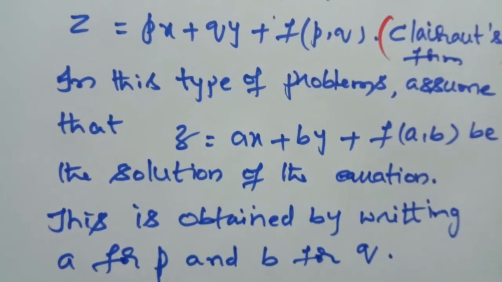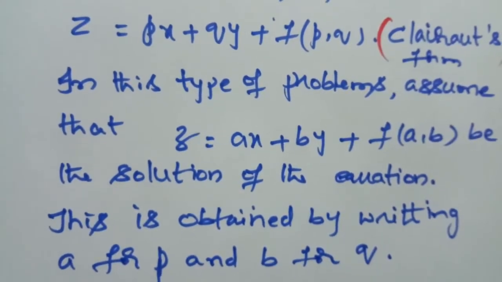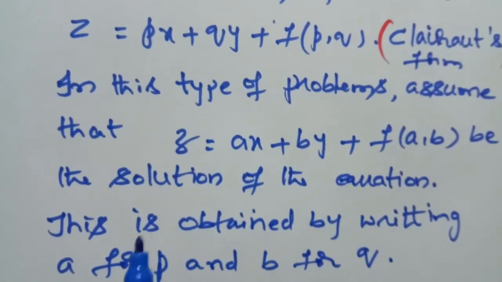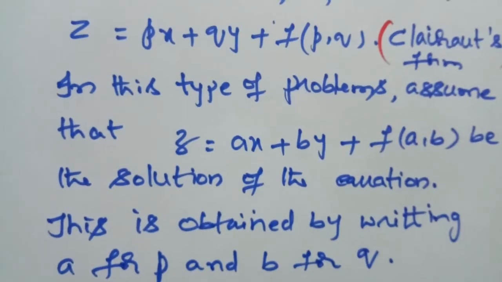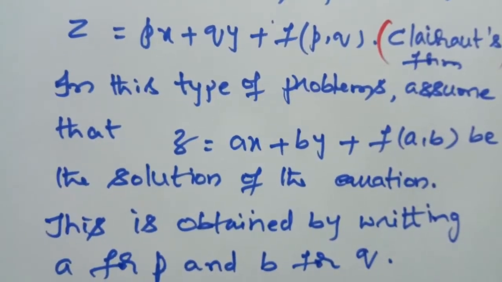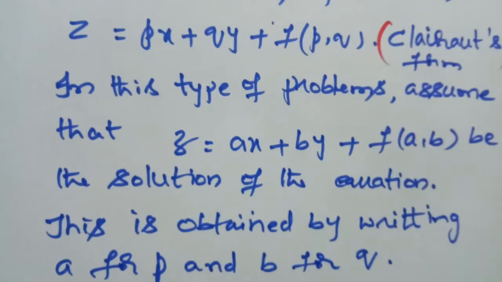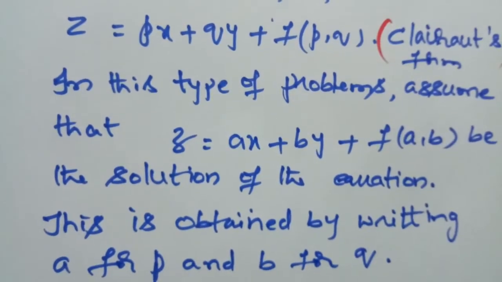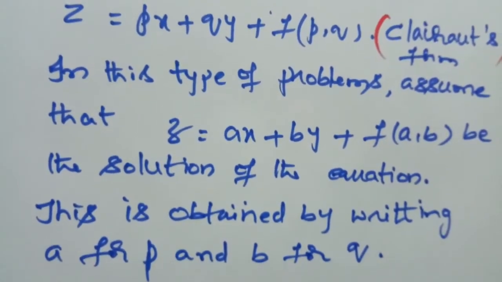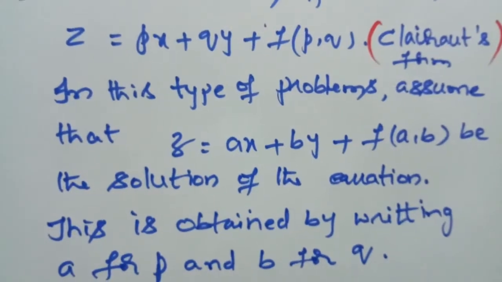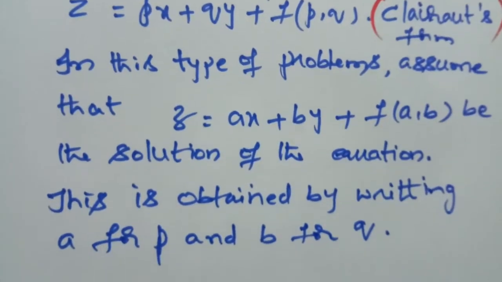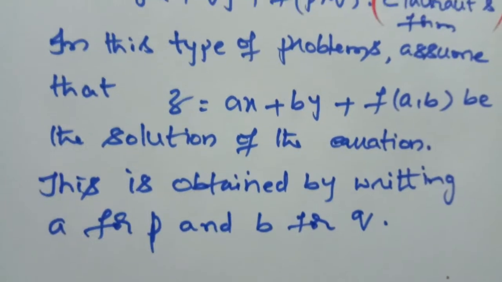You can get the complete integral of the given equation. Complete integral means, as I already explained, the number of independent variables must be equal to the number of arbitrary constants. Then that solution is called the complete integral. So it is very simple in type 2 to find the solution.